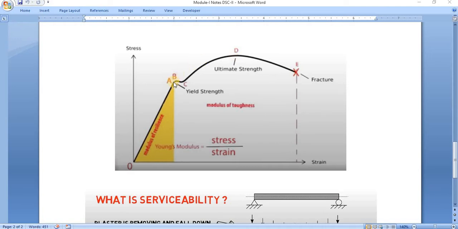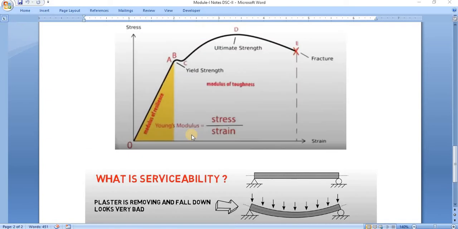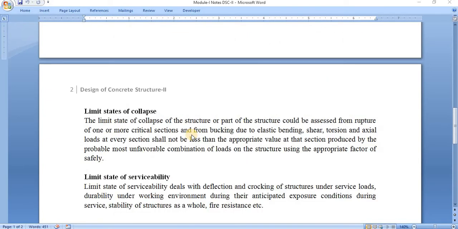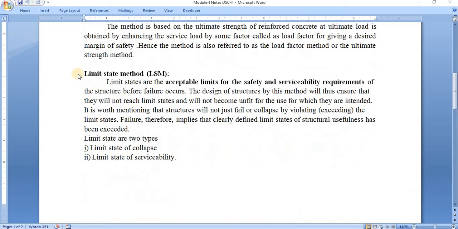But the problem with working stress method is that we are underutilizing the material. The problem with ultimate load method is that we are overutilizing the material. So in between these two, somewhere caring about serviceability and somewhere caring about safety, we arrive at a method called limit state method.